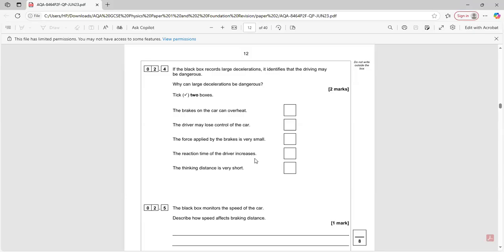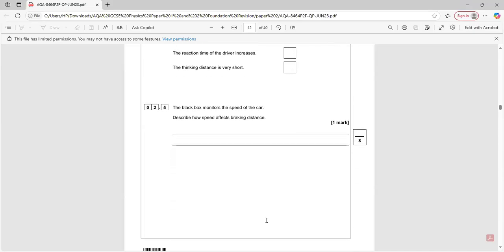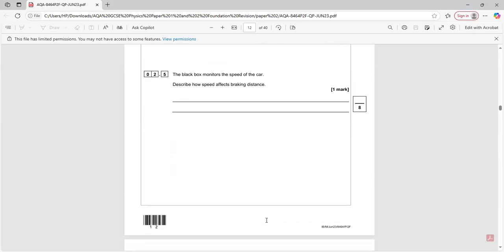Okay, so what does the mark scheme say for that 2.4? Sorry, I'm getting the marks. Oh, okay, all right.